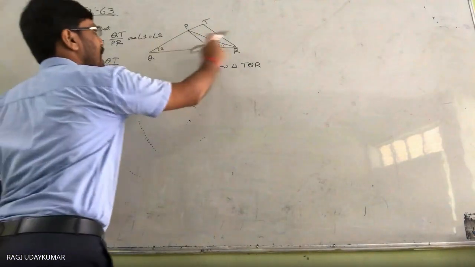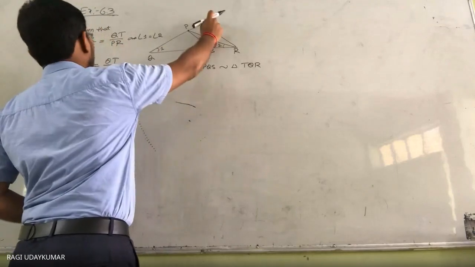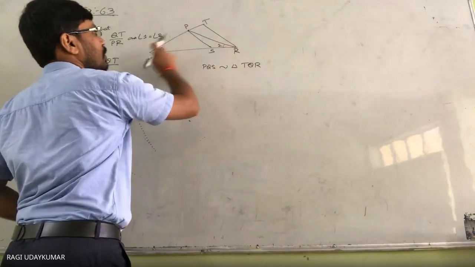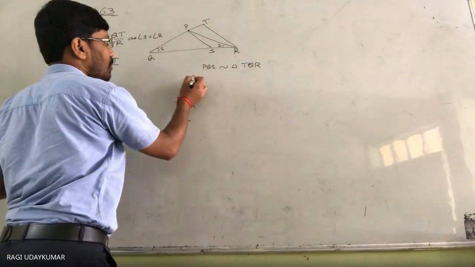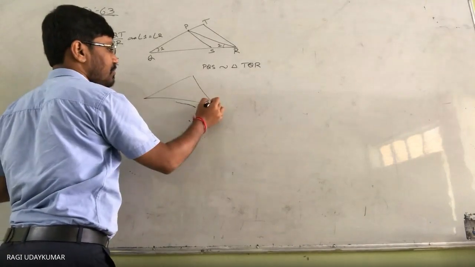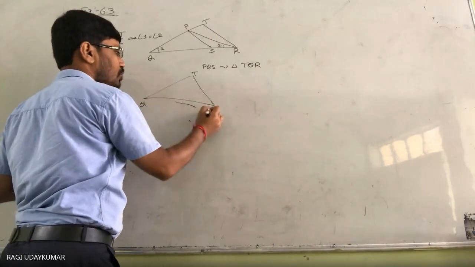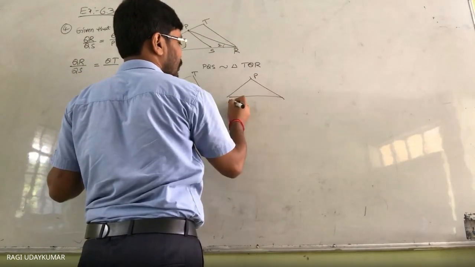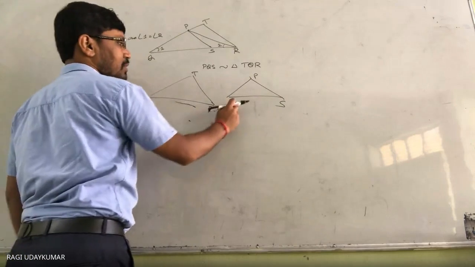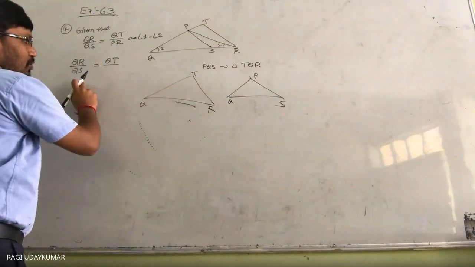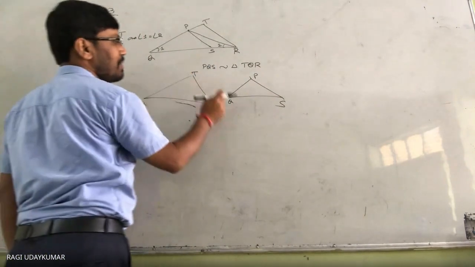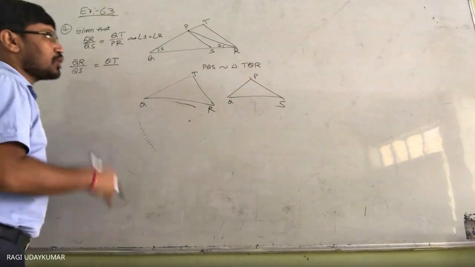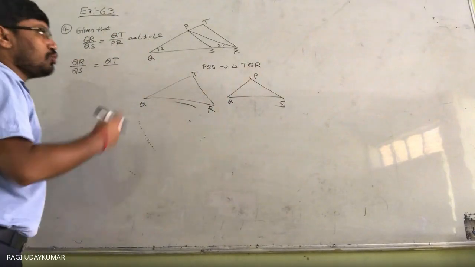Because QR by QS, take triangle PQR as one triangle and PQS as the other. QR by QS is equal to QT by PQ should be there, but it is given as PR. So what can we do here?